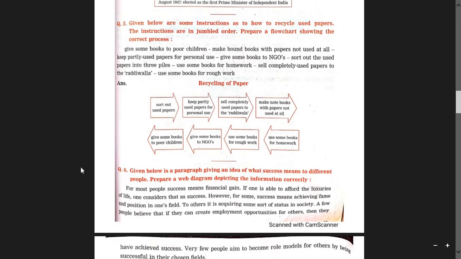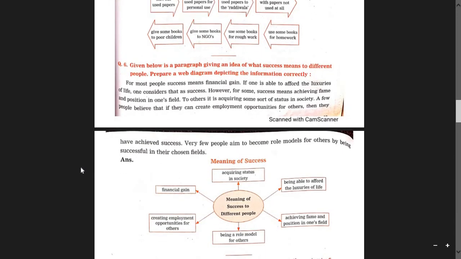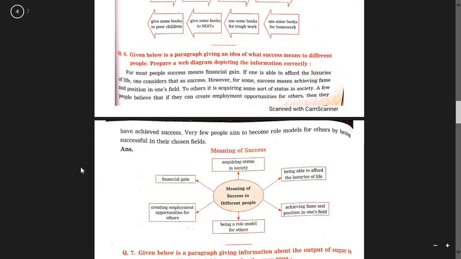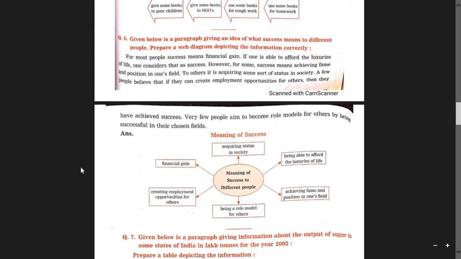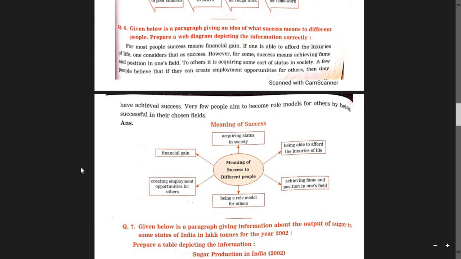Okay, now number 6. Given below is a paragraph giving an idea of what success means to different people. Prepare a web diagram depicting the information correctly. For most people, success means financial gain. If one is able to afford the luxuries of life, one considers that as success.